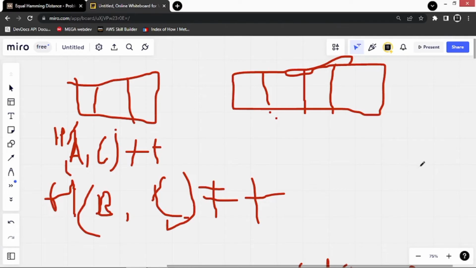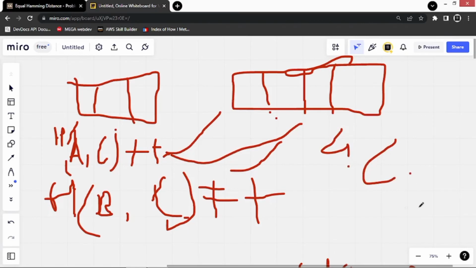So now this becomes a standard NCR question, where we have 4 pockets and we have to fill half of the pockets with one category and the other half would be filled as it is. So HAC would be filled once, another time, so it would become 4C2, because we need to make pairs of this.